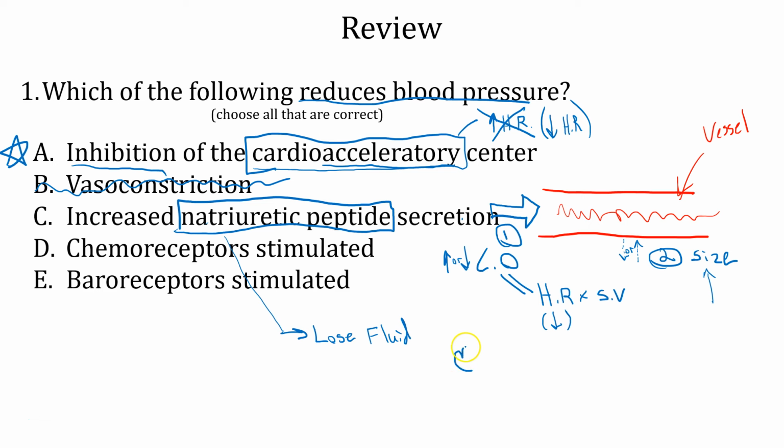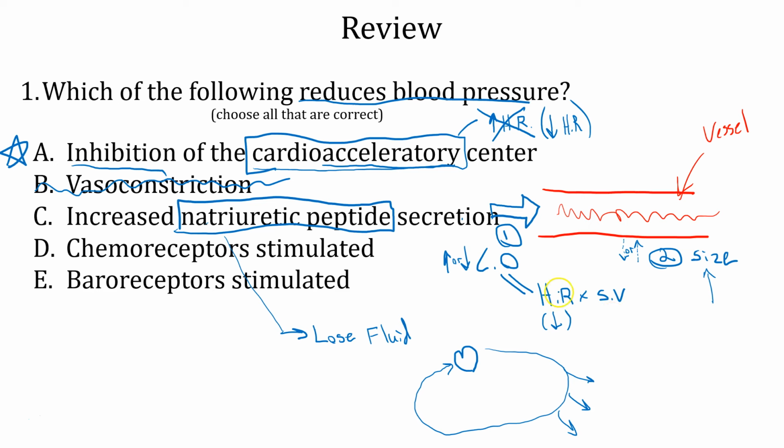So here's your heart. Every time the blood goes out and then comes back to the heart, if fluid is perpetually lost out of the vessels, then you're not going to be able to have as much fluid returning to the heart. And so keeping that in mind, remember when we talked about cardiac output equals heart rate times stroke volume? Well, one of the things that affects stroke volume is that venous return.